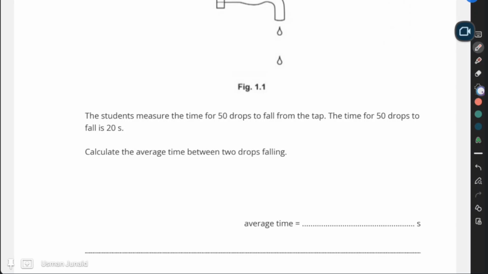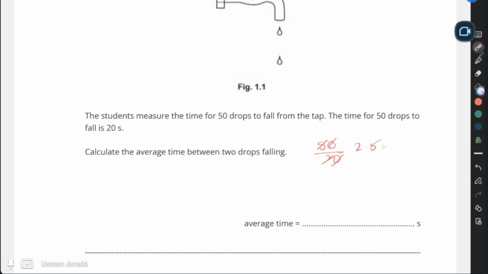The time for 50 drops to fall from the tap is 20 seconds. What is the average time between two drops falling? So 50 divided by 20 gives you the time for one drop, right? Which is 2.5.